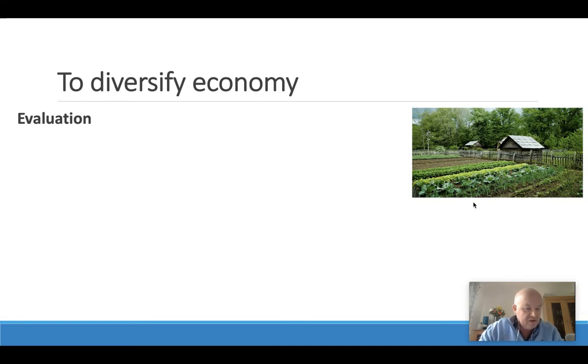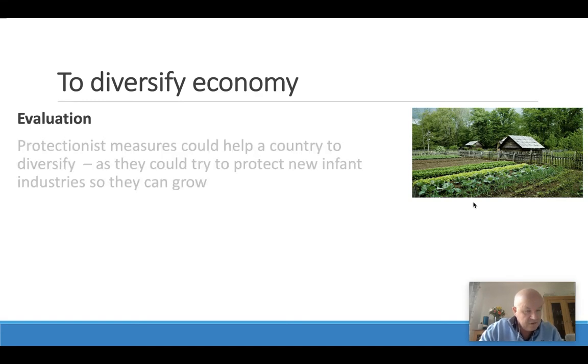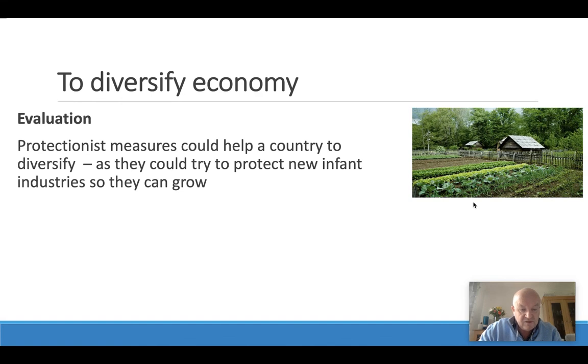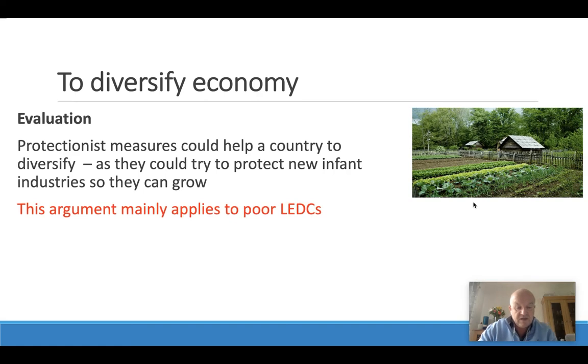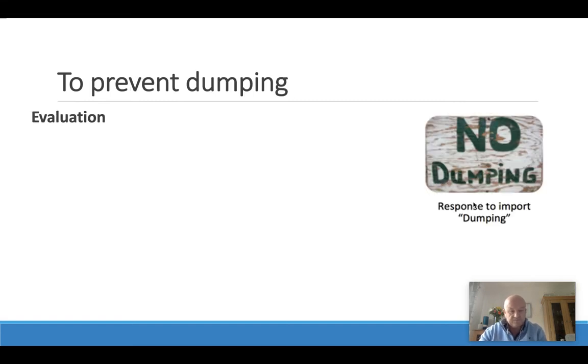But the evaluative statement here would be, to some degree, it might actually help. So that could help to diversify. They could encourage new infant industries, but that's only really applicable to the poorer, less economically developed countries.